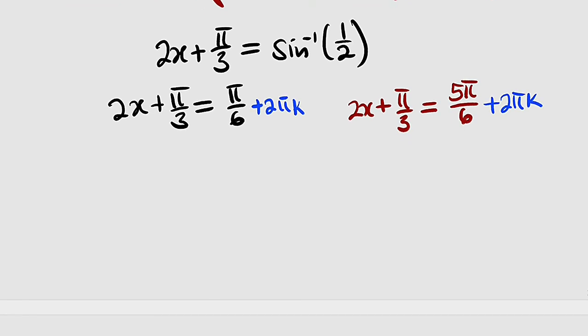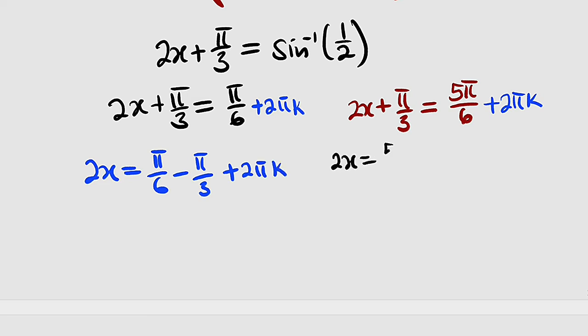Let me start from the first one. We are going to subtract pi/3 from both sides. So we have 2x equal to pi/6 minus pi/3 plus 2 pi k. And we do the same thing here, 2x equal to 5 pi/6 minus pi/3, then plus 2 pi k.